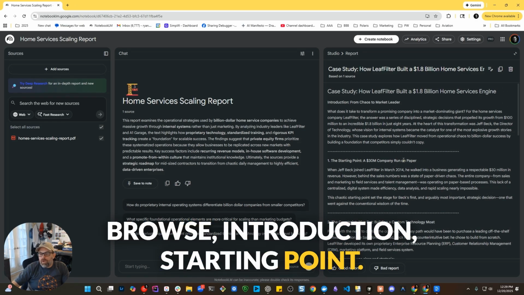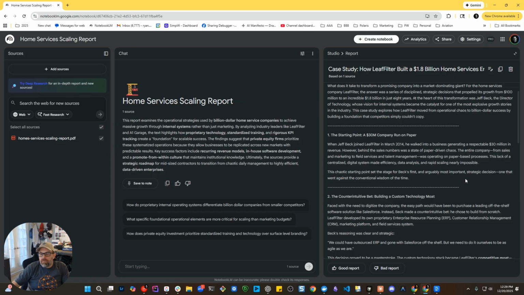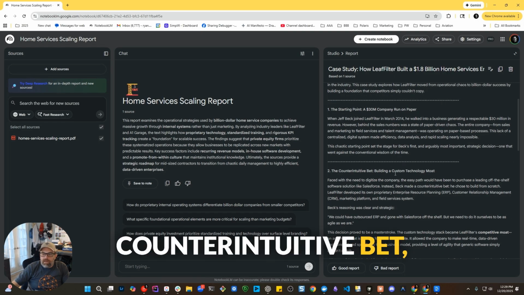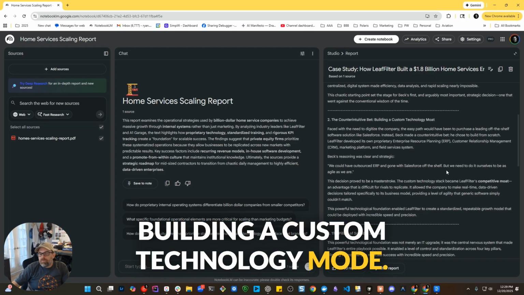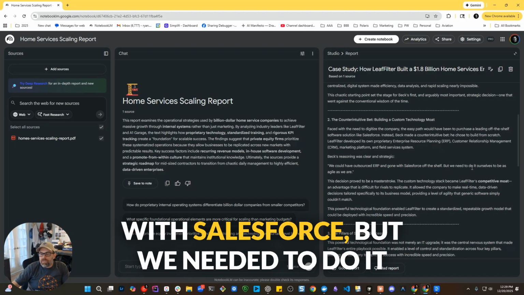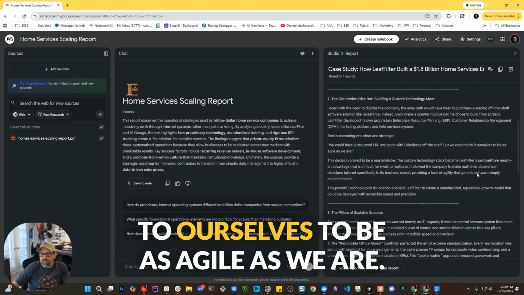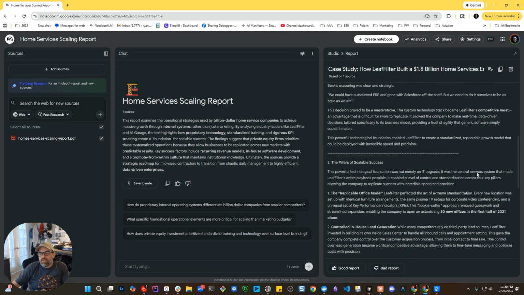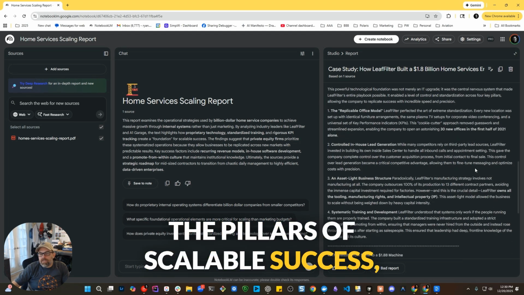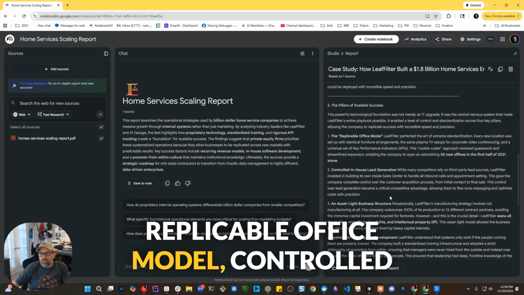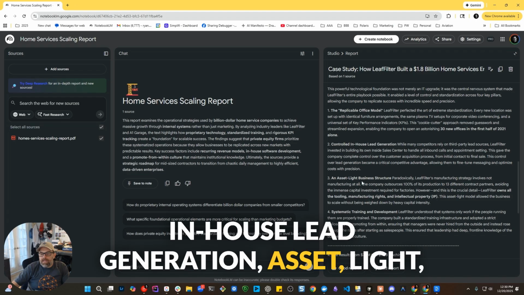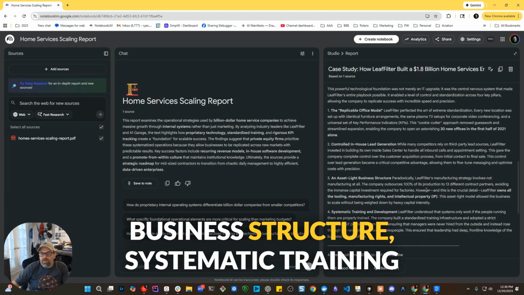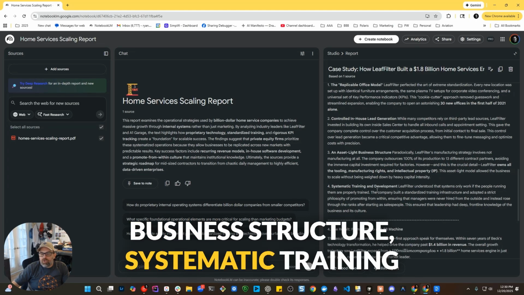Introduction, starting point, counterintuitive bet, building a custom technology moat. We could have outsourced ERP, gone with Salesforce, but we needed to do it ourselves to be as agile as we are. The pillars of scalable success: replicable office model, controlled in-house lead generation, asset-light business structure, systematic training and development.